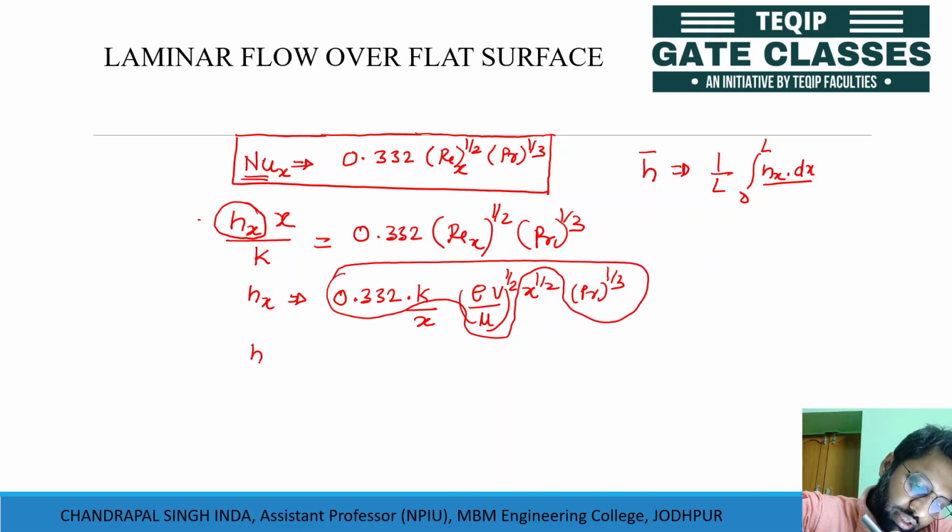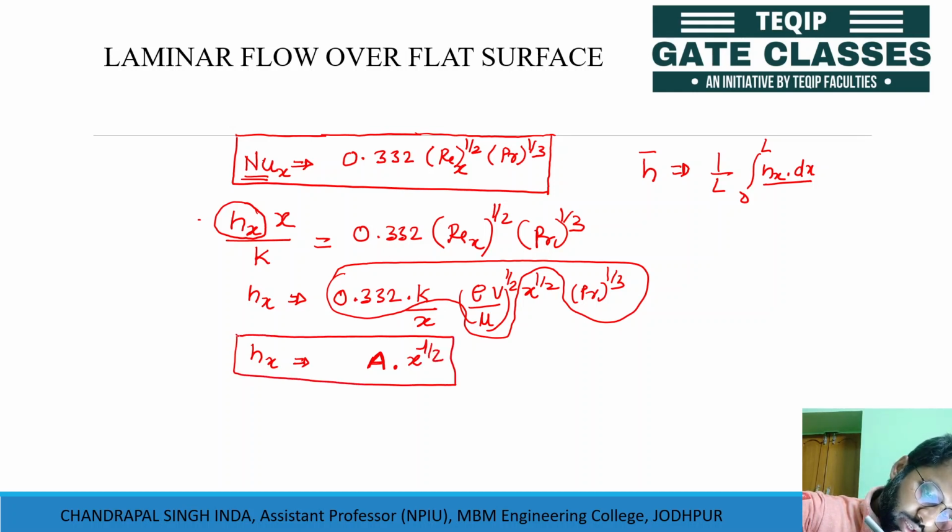So we can write it as a constant A times x raised to minus 1 by 2. By this relationship we can say the convective heat transfer coefficient decreases as the fluid moves in the x direction.